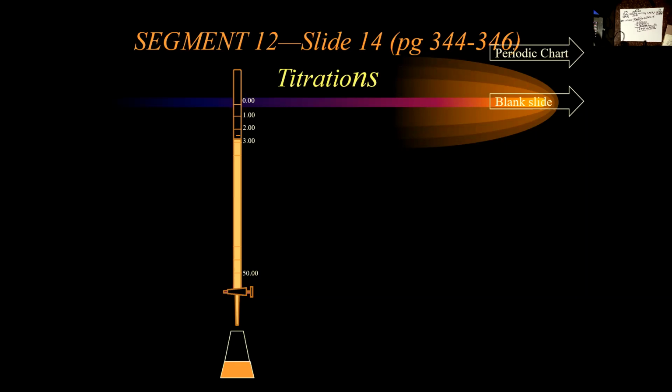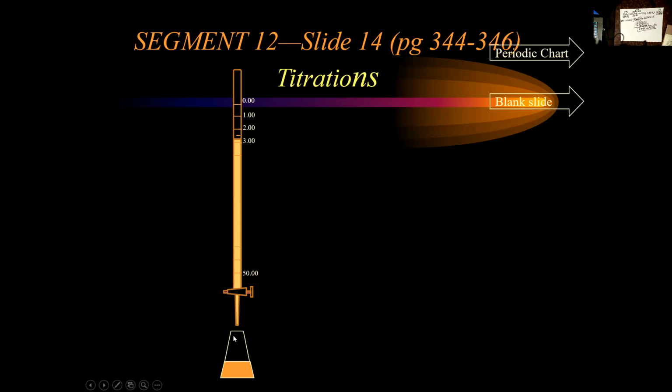And if it's still not enough, then you can actually go right down here and open that stopcock just a tiny little bit and have a little half drop hanging on the bottom of your burette. And you can just tip the flask over, put that little drop on the side of the flask.